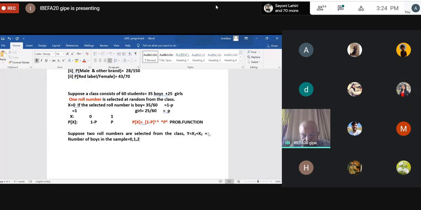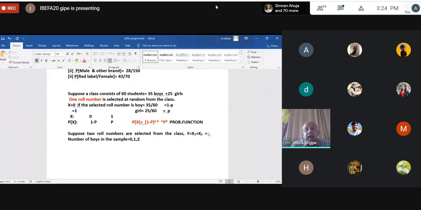I just told you, every reality we are writing in notation. So every notation has a verbal meaning for your research. Listen carefully.